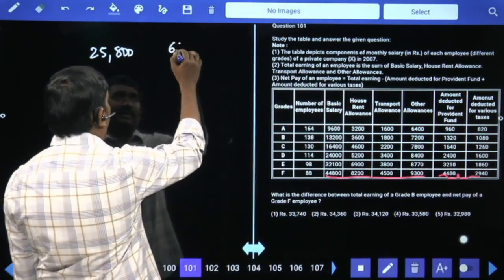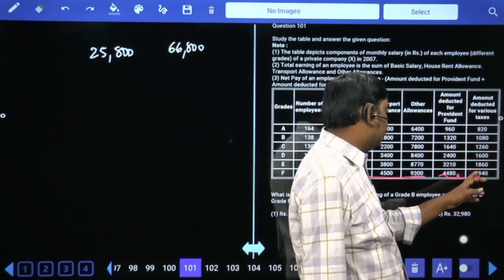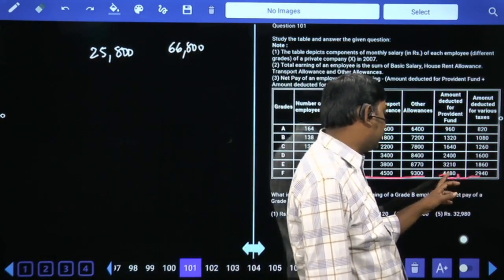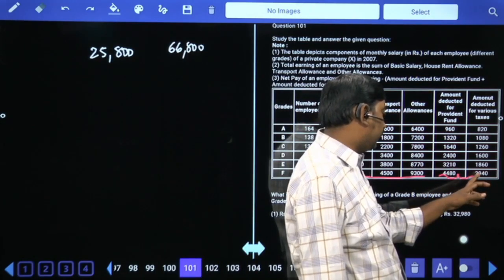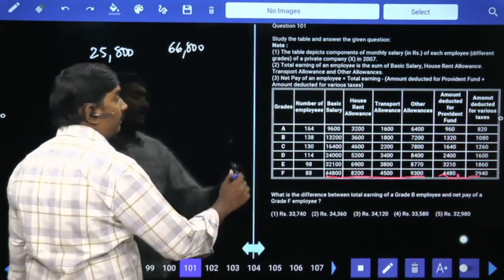In that 66,800, we need to subtract these two: 2,000, 4,000, 6,000, 400, 900, 1,300, 7,300, 80, 40, 120, 7,420.